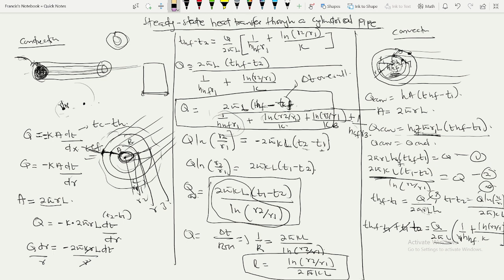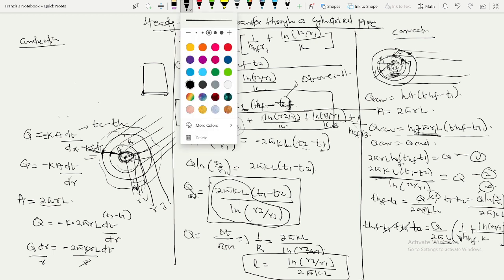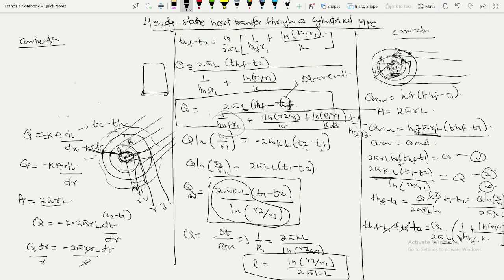Now let me clean it and write the general. So now the general equation becomes Q is equal to 2 pi L, and the 2 pi L here wouldn't change, right?